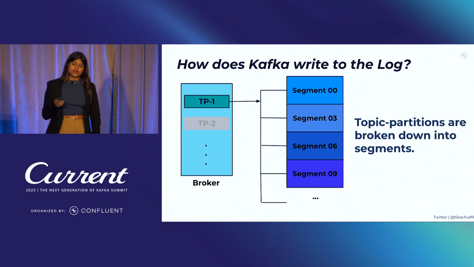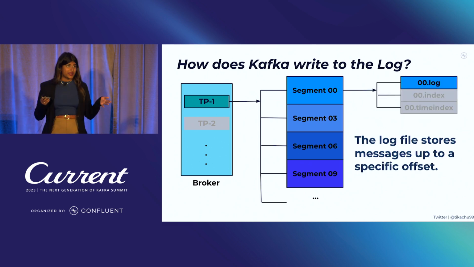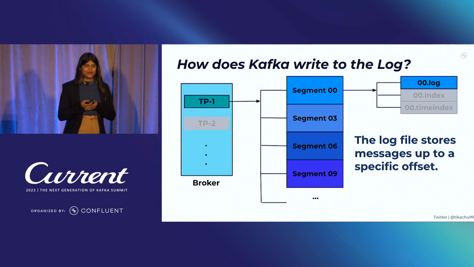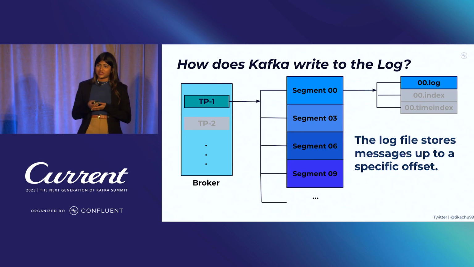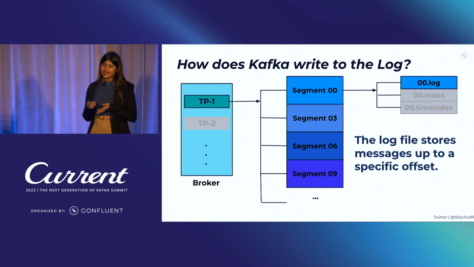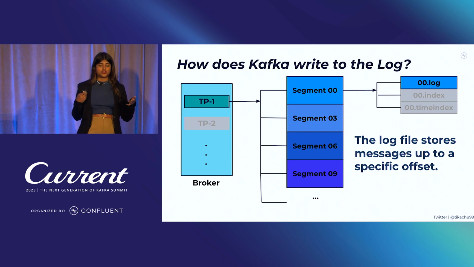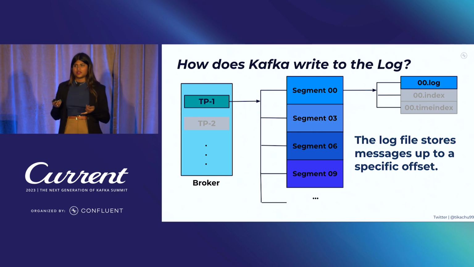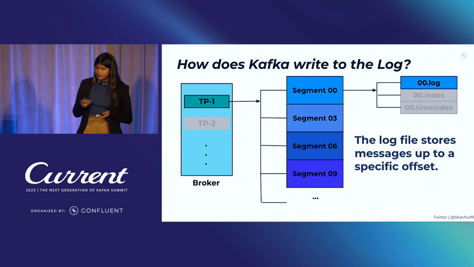When you're writing to a segment, you are actually writing to 3 different files. The first file is the segment log file, which stores all of the messages up to a specific offset. So segment 0 would contain record 0, record 1, and record 2.